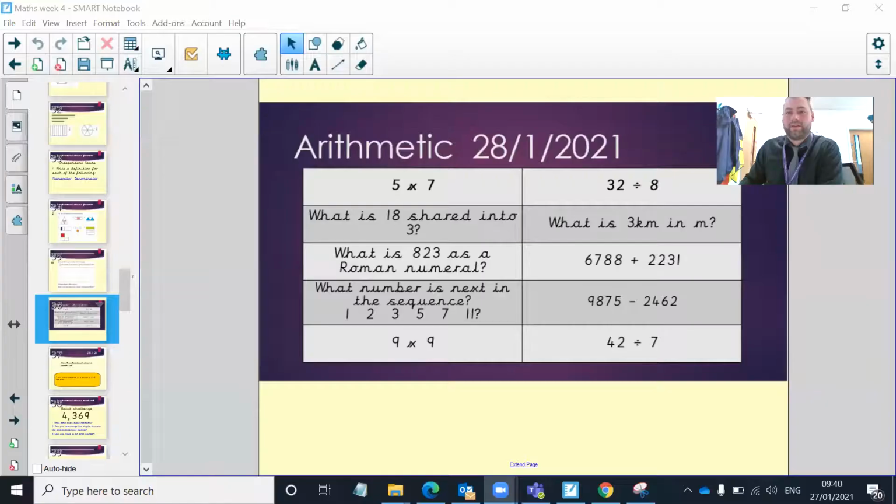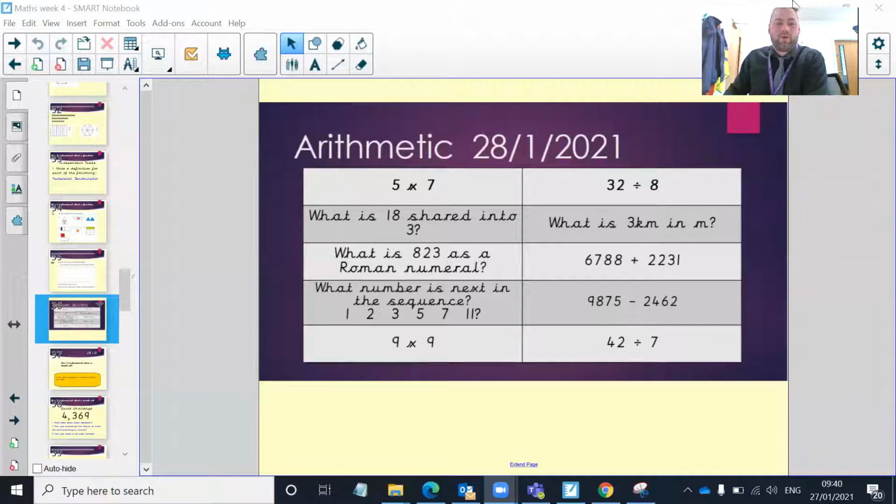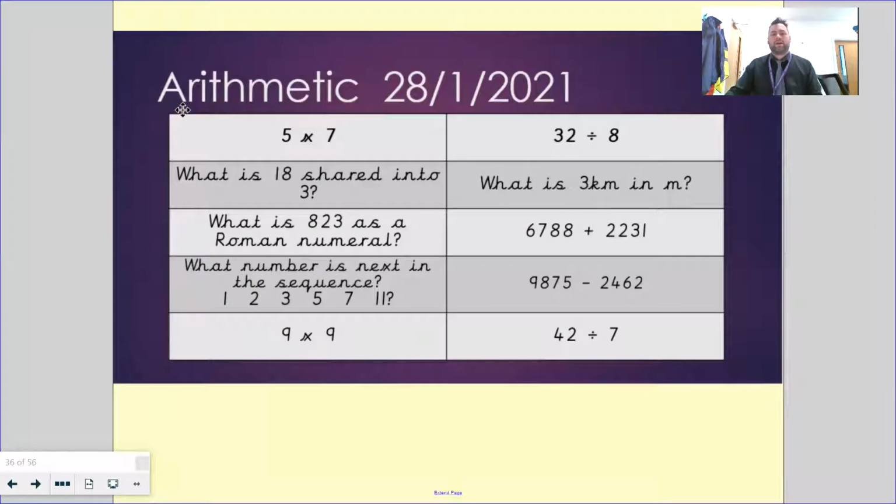And here are arithmetic questions for today. So what you can do, if you pause the video, we can then go through the answers. It shouldn't take you too long to do, but pause the video now and good luck.